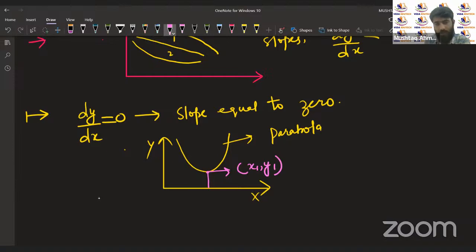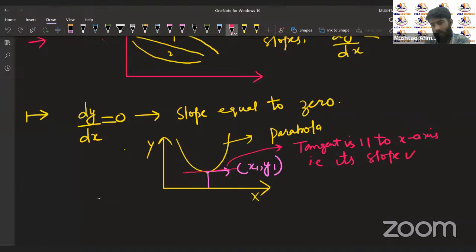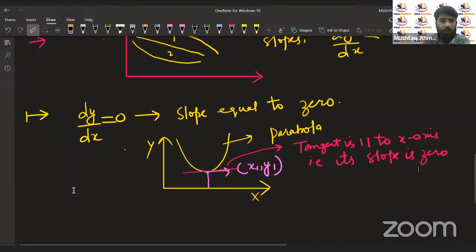If we draw a tangent at this point, that's at x equal to x0, you can see the tangent is parallel to the x-axis. That is, its slope is 0. This is one of the possibilities.